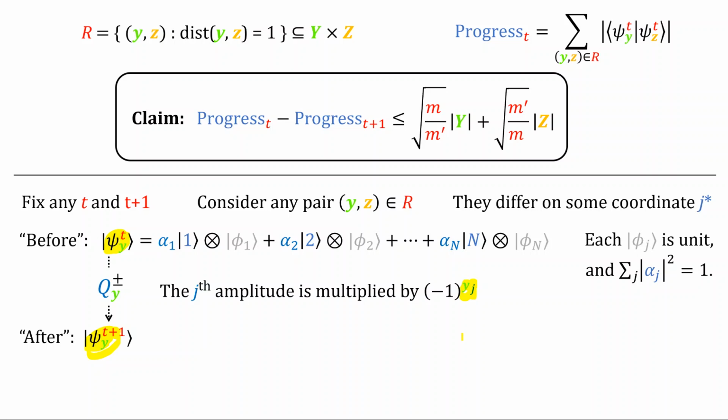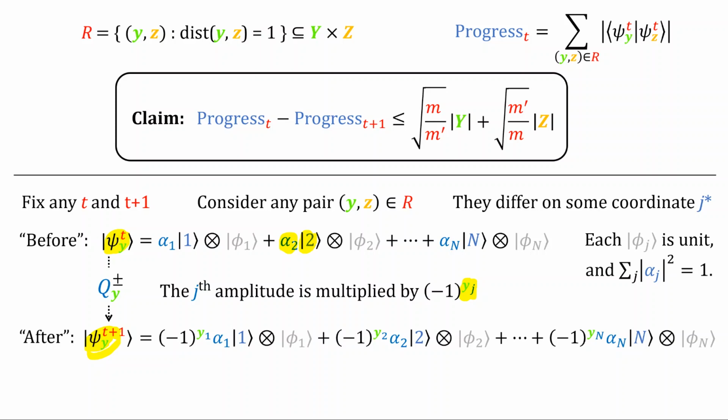In particular, for the piece on ket j, it potentially negates this amplitude depending on whether y has a 0 or 1 in the jth coordinate. So the after state, psi sub y superscript t plus 1, looks similar, except all the amplitudes potentially have a minus sign on them, according to the coordinates in the input y.